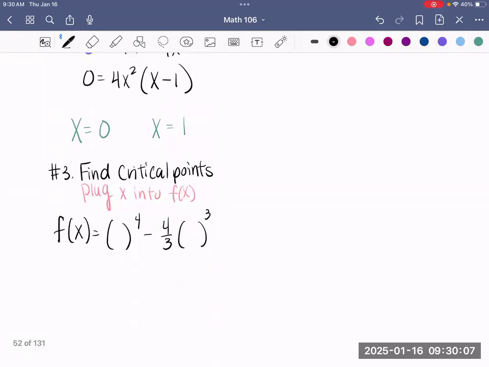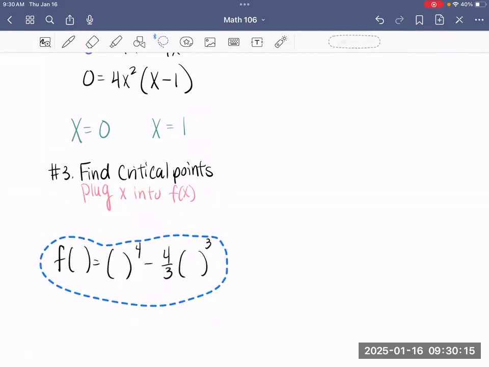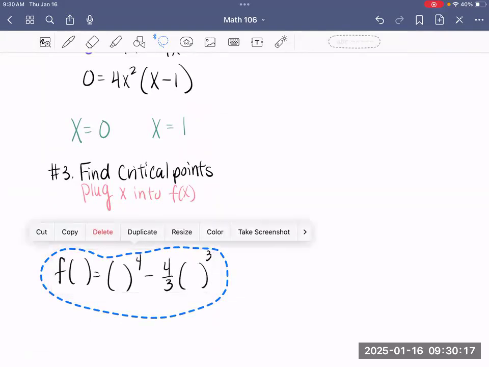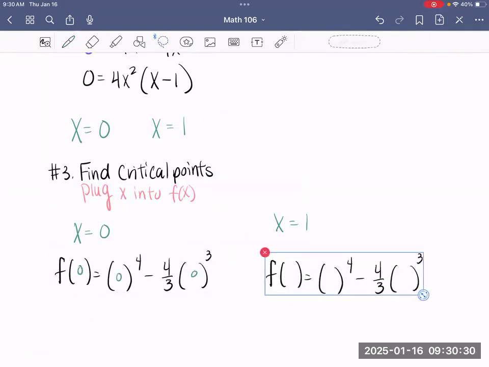Okay. So we get to plug in your x values into these equations. Keep in mind you do have a calculator at your disposal if you need it. So let's go ahead and plug in a 0 and plug in a 1.